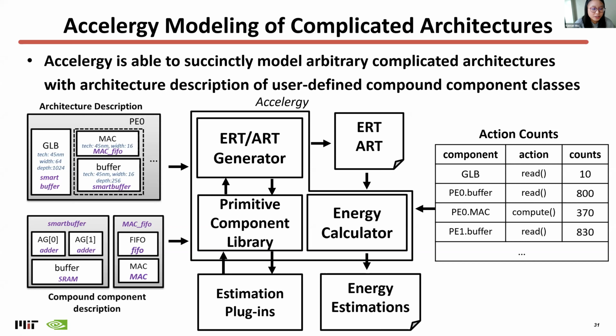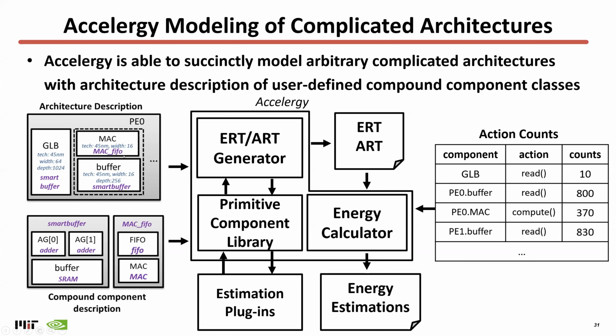But what is different is if you look at the classes, which are the purple text for each component, we can see that we have a class that you might or might not understand, and this is actually a user-defined class. And we could have user-defined classes for different architectures depending on how you want to implement your components.